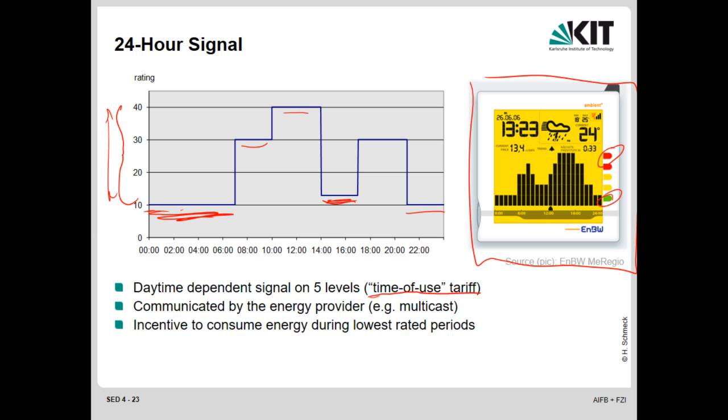For the outcome in the end, if you say I would like to make money or save money by using my devices only in the low price time intervals, for that certainly it is then important. But this is another issue. But just to get people to be more flexible, colors can be much more effective incentives than showing you a price or telling here it's 40 cents and there it's only 10 cents.